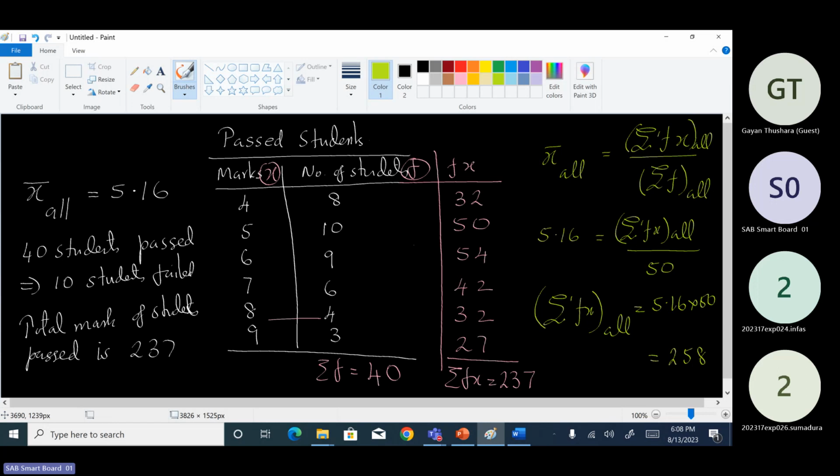So total marks of all the students is 258.